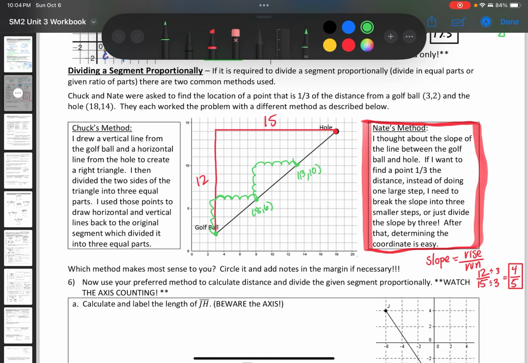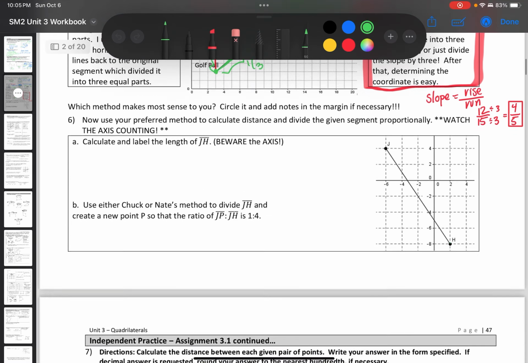Then from here, I go up 4 and over 5. So these are my 3 equal parts that evenly divide this segment into 3 portions.